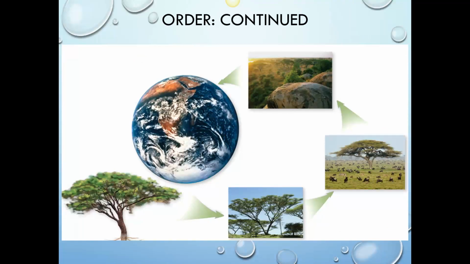Continuing on up the order, if we start organizing life in an ordered way, organisms of the same species are found in a population. So a population consists of organisms of the same species. From there, we have communities. Communities consist of multiple species coming together in a particular area.